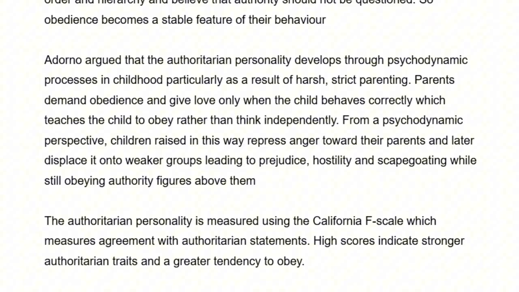From a psychodynamic perspective, children raised in this way repress anger toward their parents and later displace it onto weaker groups, leading to prejudice, hostility, and scapegoating, while still obeying authority figures above them. The authoritarian personality is measured using the California F scale, which measures agreement with authoritarian statements. High scores indicate stronger authoritarian traits and a greater tendency to obey.